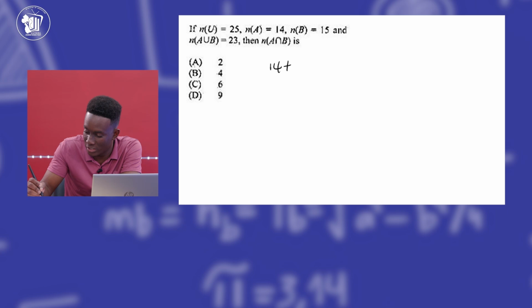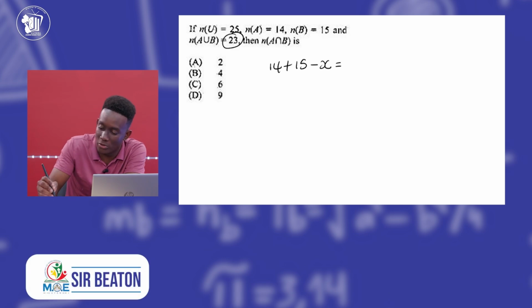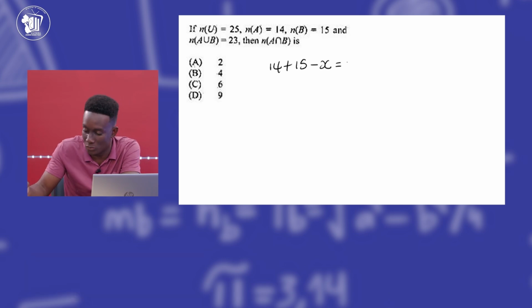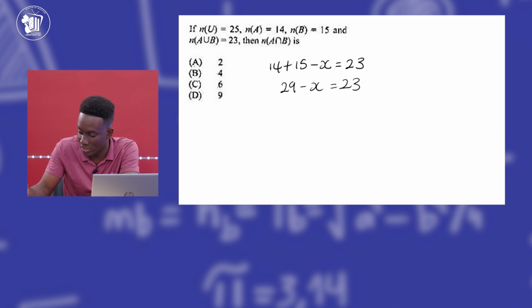So it will be 14 plus 15 minus the intersection, because we know the intersection will be included in both of these. You can call the intersection x, and this will be equal to the number of elements in the union of these two, which will be 23. So 15 plus 14 gives me 29, minus x is equal to 23.